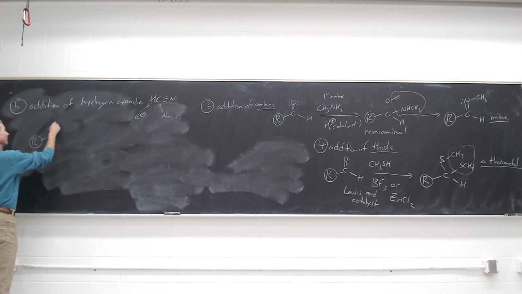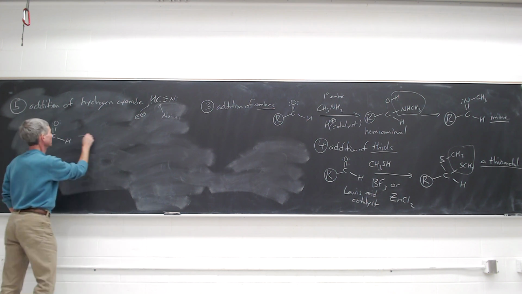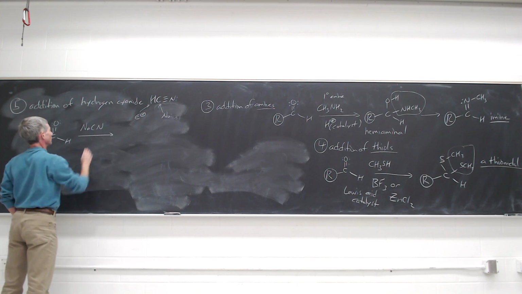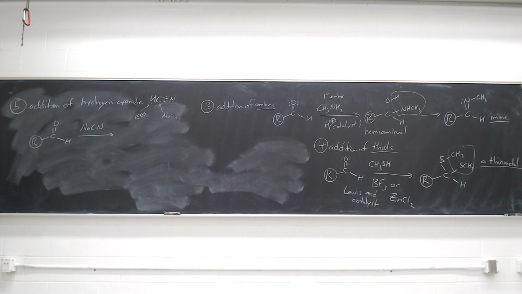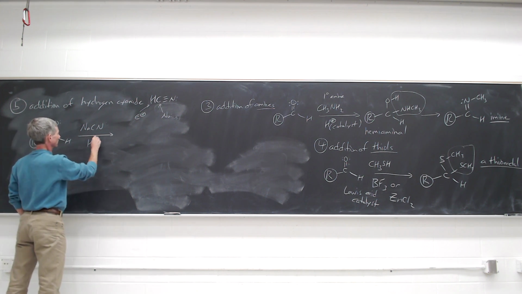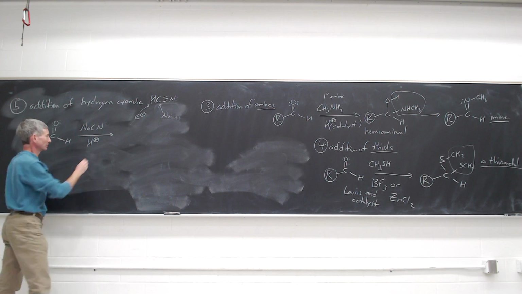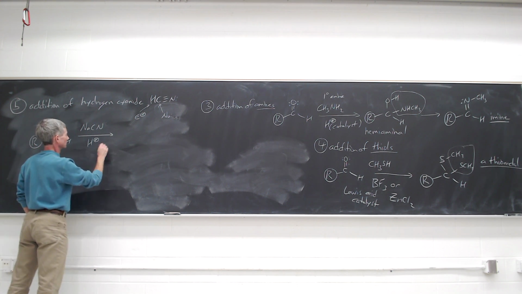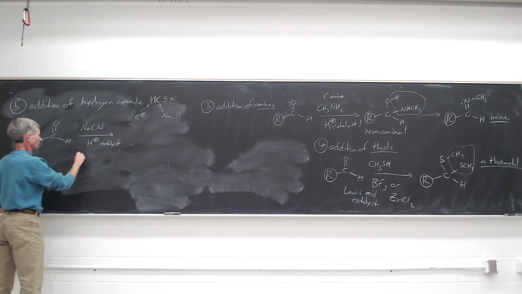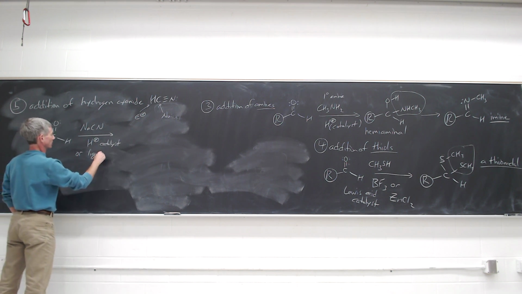We're going to add the cyano group to the carbonyl carbon. The cyanide is often introduced as sodium cyanide, and then either some acid catalyst or liquid HCN as the solvent.